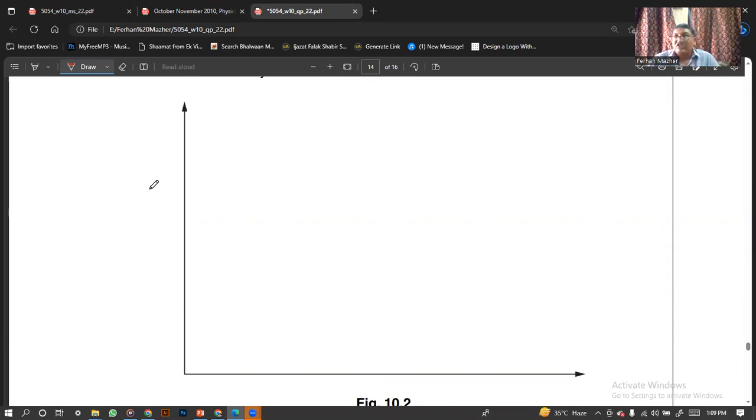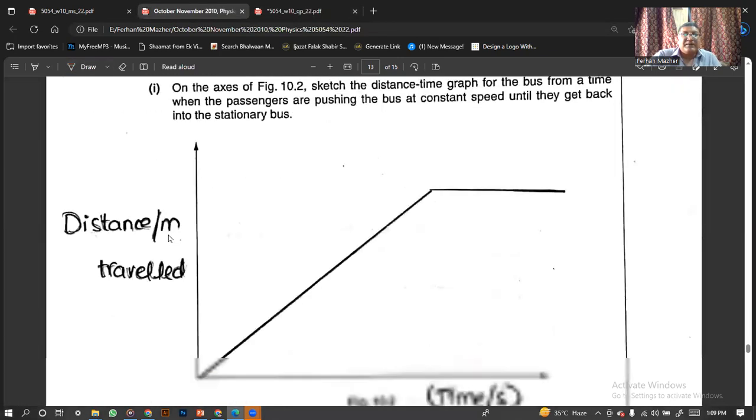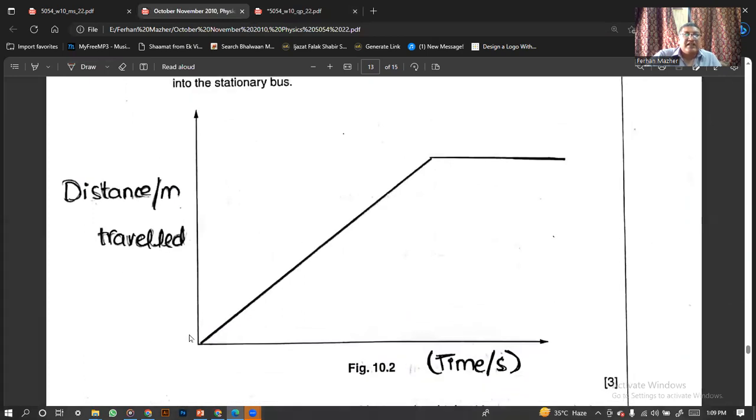When the speed is constant, it is represented on a distance time graph with an inclined straight line whose gradient is constant. The gradient will not change. And when the bus becomes stationary, the line will become horizontal, which means no distance is covered after that.